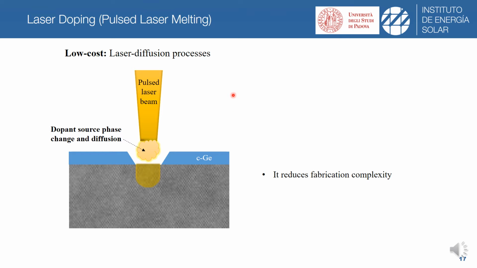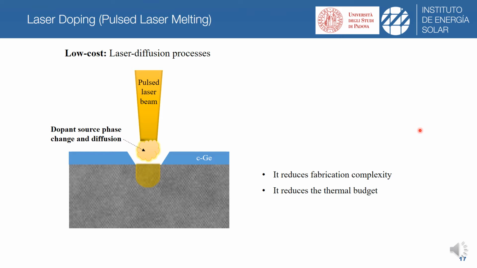So why is this a low-cost technique? It's because it allows us to greatly reduce the fabrication complexity by simultaneous opening of the dielectric and doping underneath, which means there is a need for fewer photolithography steps. It also reduces the thermal budget as compared with diffusion of dopants in a furnace and also in MOVPE reactors.